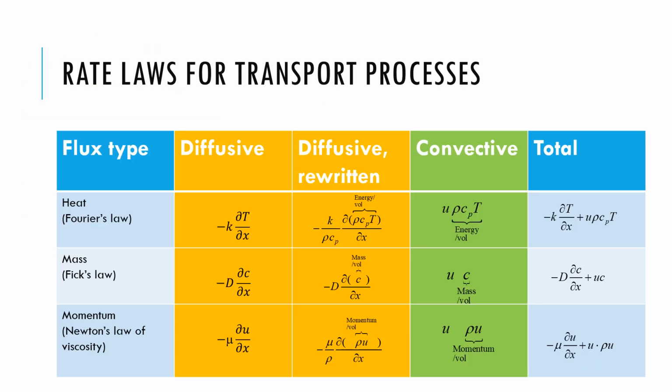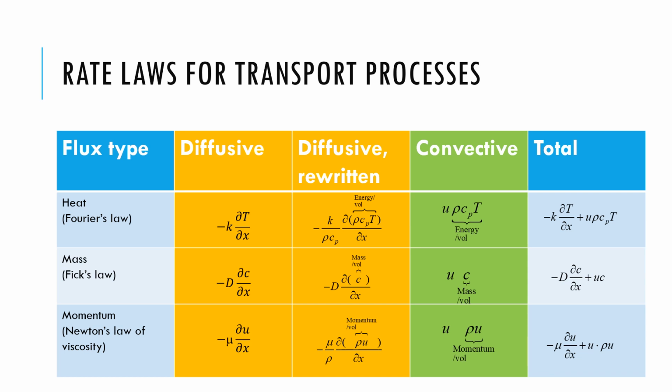Now this is a very busy slide, so let's try to go slowly. What I'm trying to do here is summarize those fluxes that we just discussed, and make sure of the analogies between the three types of transport process.